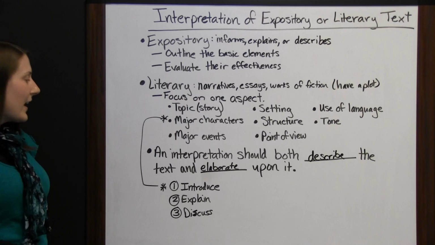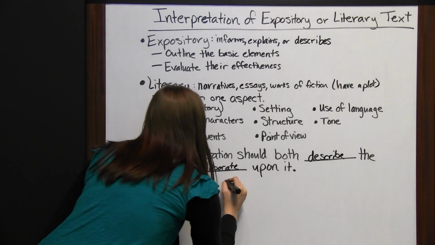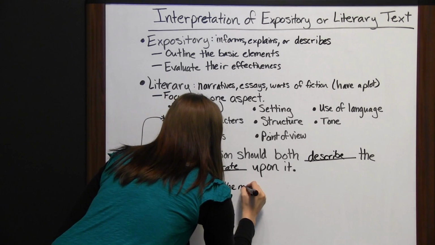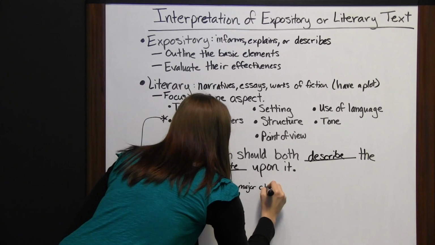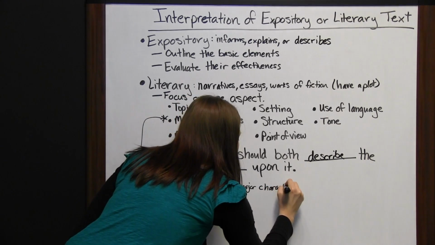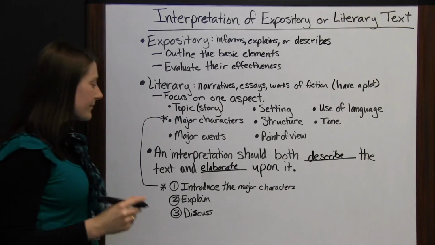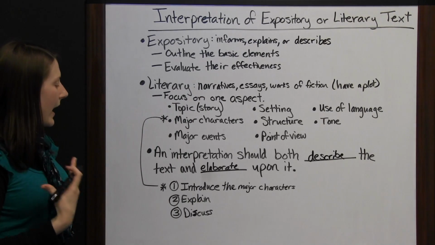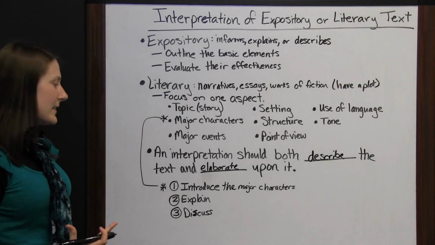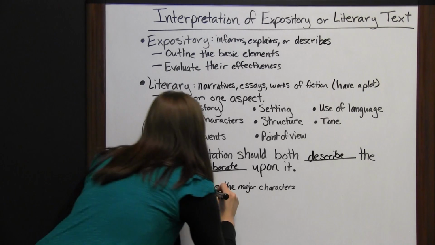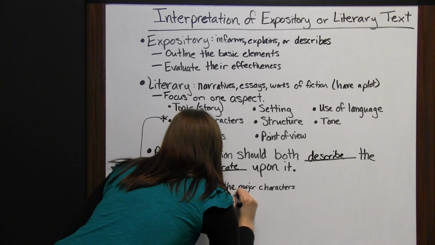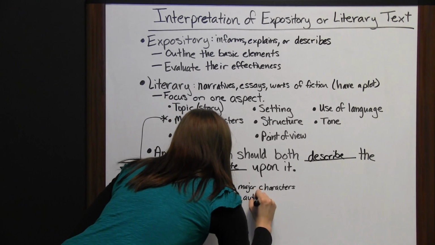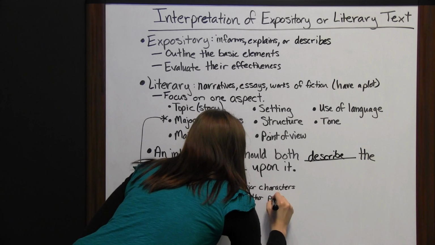So, to describe the text, introduce the major characters. In your interpretation, describe the major characters. What do they look like? What are their attitudes? How has the author described them in the text? Then, explain how the author portrays them.